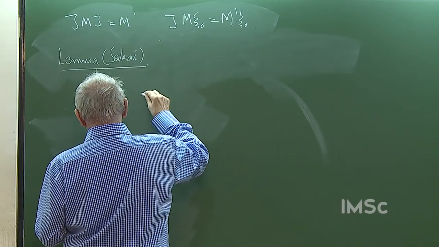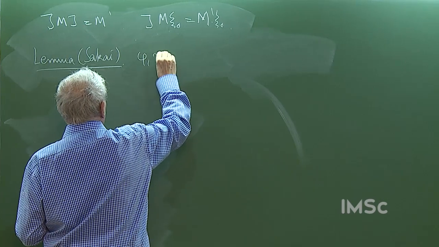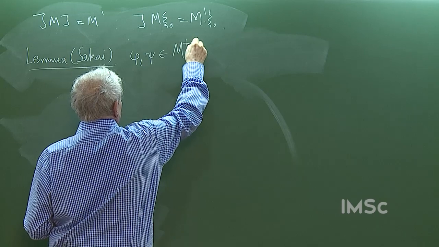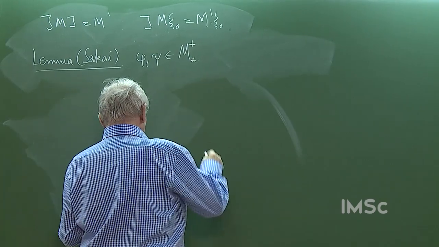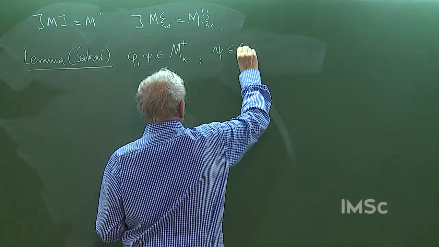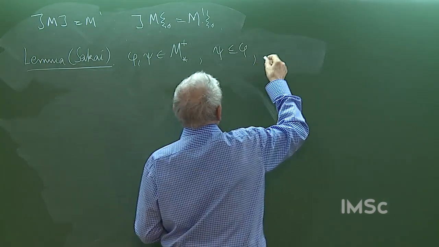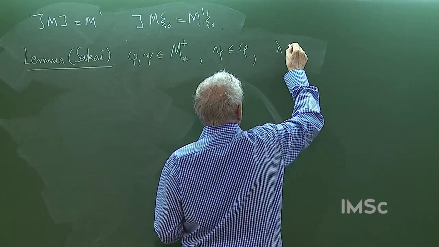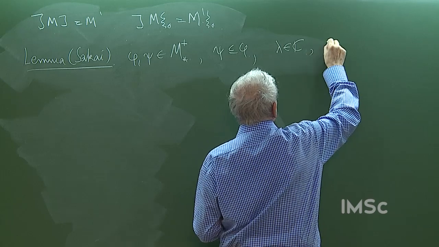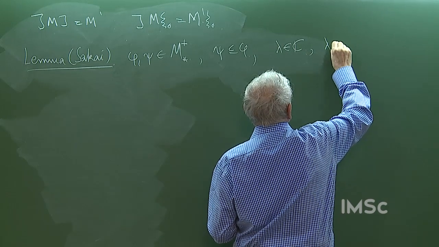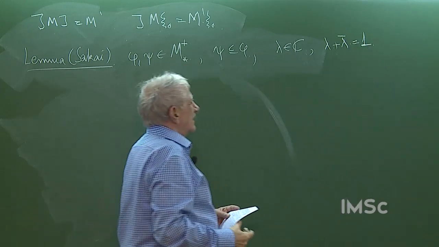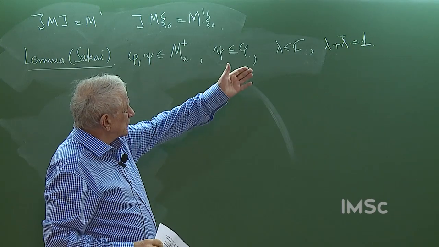If you have the von Neumann algebra M and you have phi, psi, two positive normal forms on it, and you assume that psi is less than phi, and also consider a complex number lambda such that lambda plus lambda bar is equal to 1, so that the real part of it is equal to 1/2.